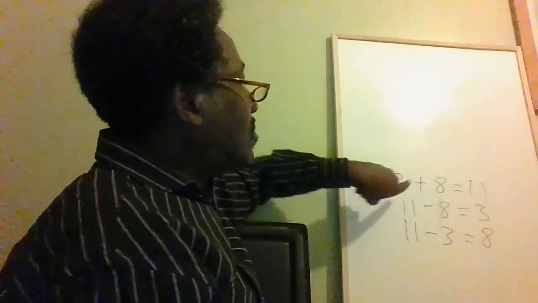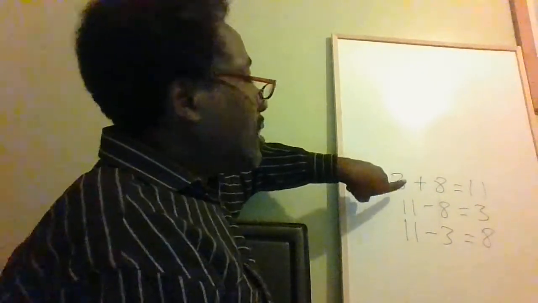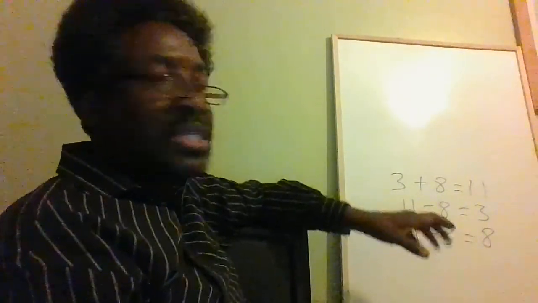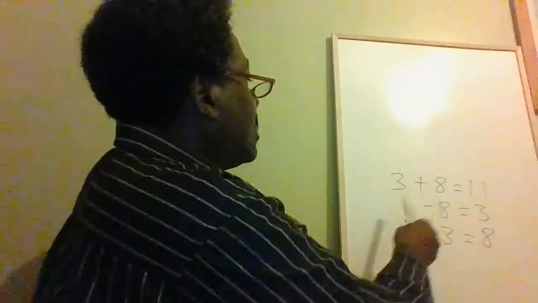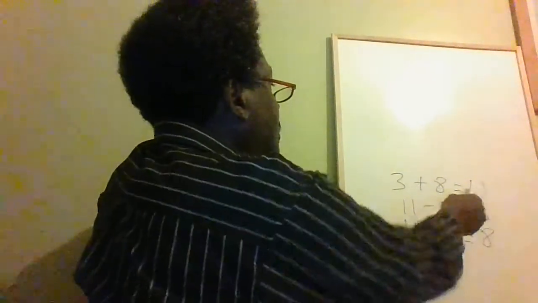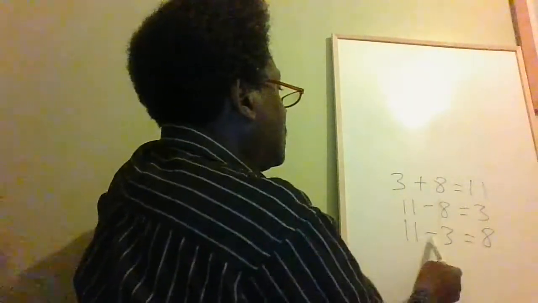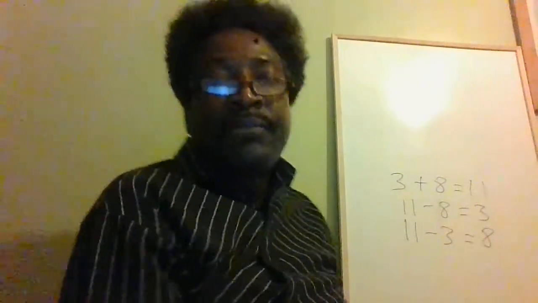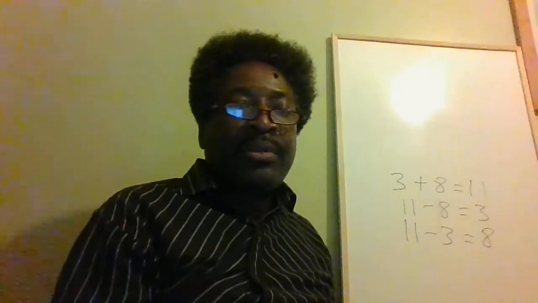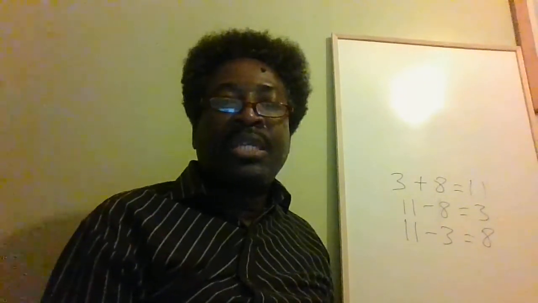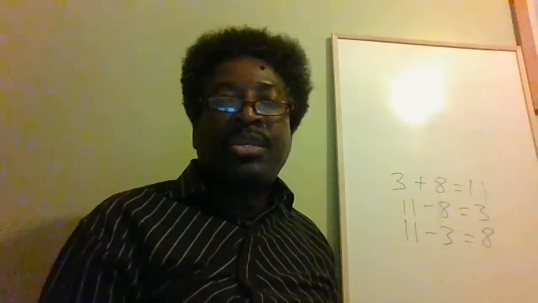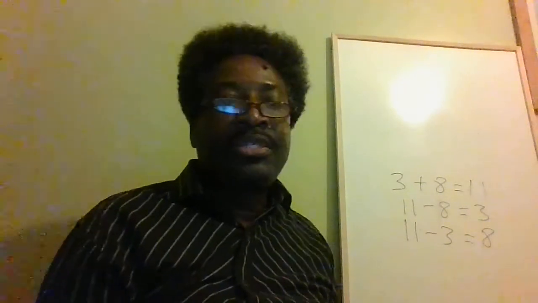That's addition. Subtraction or takeaway is the inverse of addition. So 11 take away 8 must be 3. Or 11 take away that 3 must be 8. Addition is the inverse of subtraction. Subtraction is the inverse of addition.